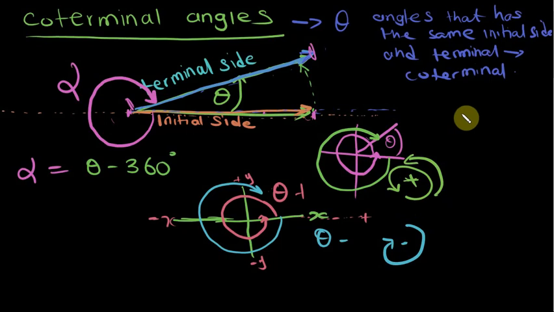A clock always moves clockwise, therefore clockwise is taken as negative. Alright, so that's the standard correction right there. Okay, I'll stop here for coterminal angles.